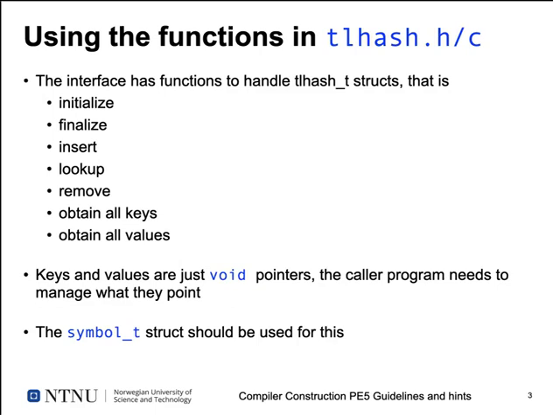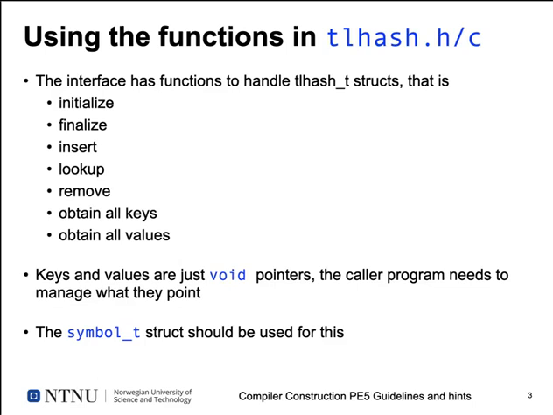Since we want to store arbitrary stuff in our hash table, we have not pre-declared any specific data types, so keys and values are just void pointers. The caller program, your compiler, needs to manage what they point to. And you can use the symbol_t struct, for example, that we also provide to contain this information.